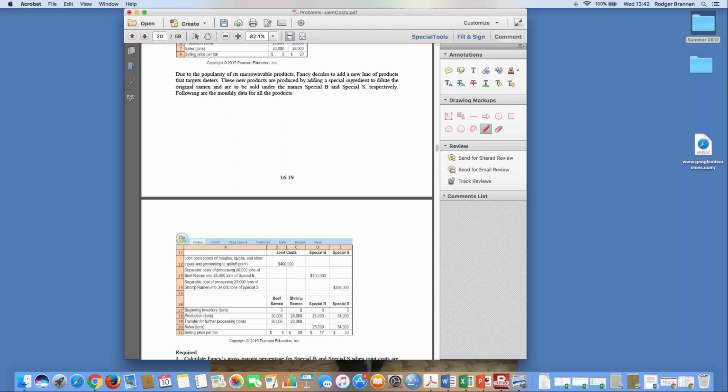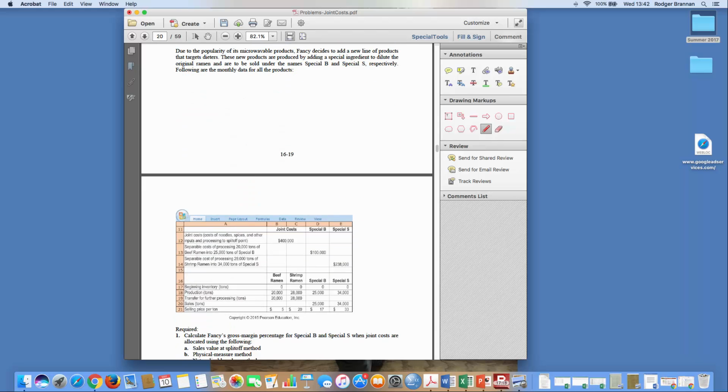They also give you some information that there is a possibility of processing it further, that with additional cost, the product can be enhanced and sold at a greater value. So the special B represents the beef ramen that can be processed further, but it can only be processed further to enhance the sales value if you incur the $100,000 of separable cost.